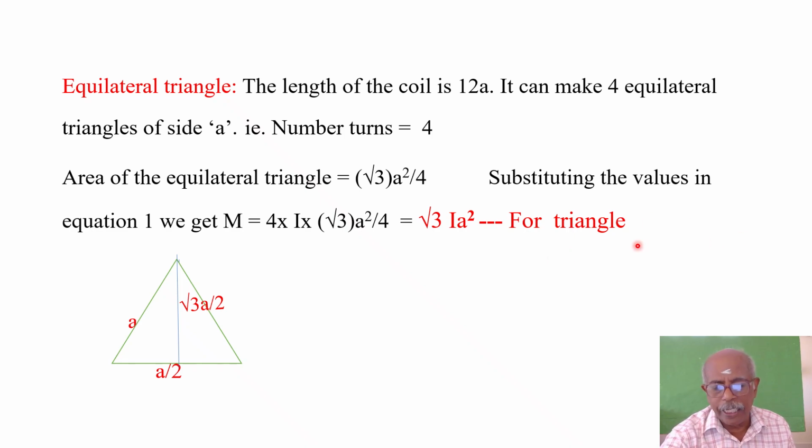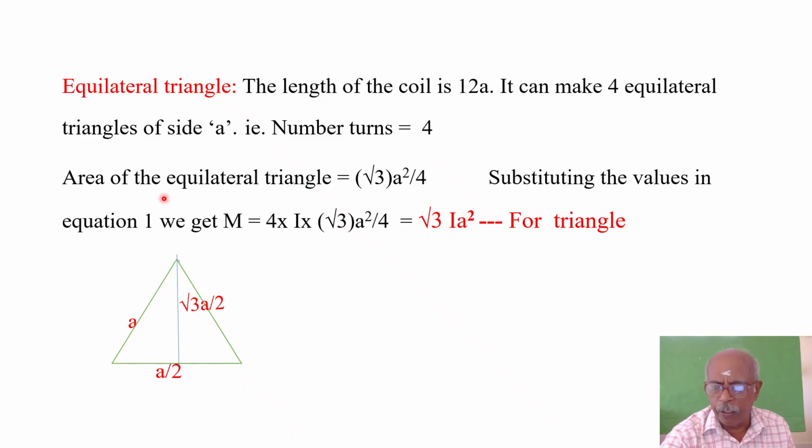So with the length 3a, you can make one triangle. With the length 12a, we will make 4 similar equilateral triangles. It means the number of turns is 4, that is, 4 coils in the shape of an equilateral triangle.